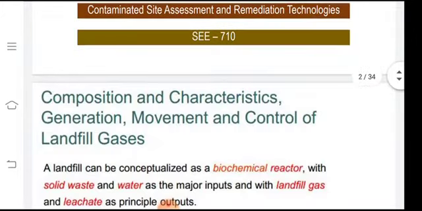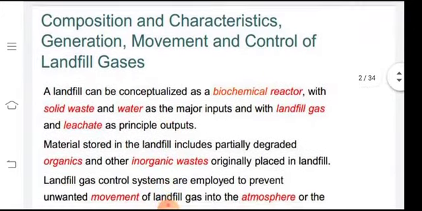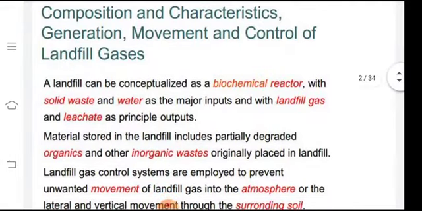Starting with the basics, that's the composition and characteristics, generation, movement and control of landfill gases. Basically, our landfill is considered a biochemical reactor because we are adding something into this reactor in the form of solid waste and water, and in response there are chemical reactions taking place within the landfill.